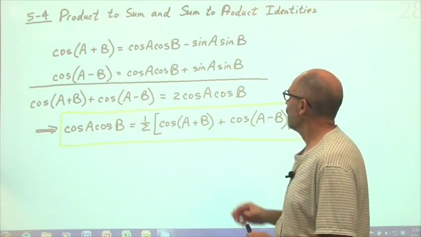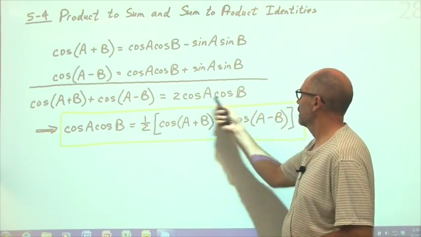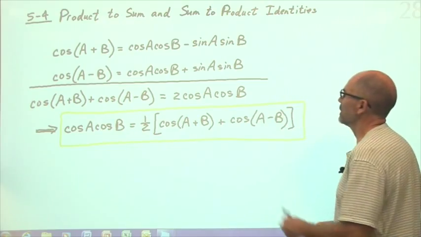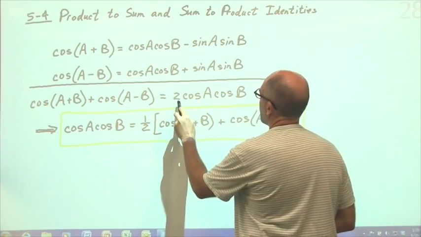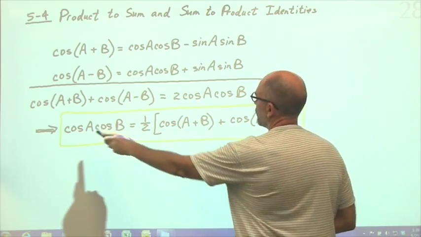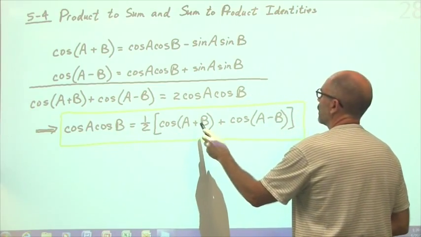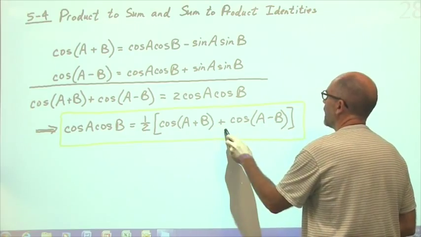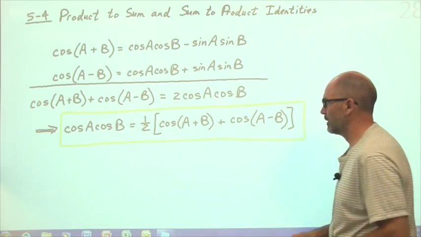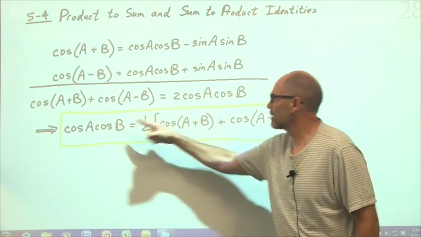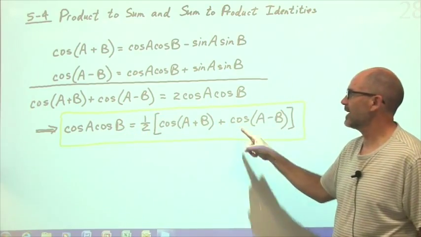So here I have a product, and here I have a sum. So what I'm going to do is just multiply both sides by 1/2 to get the product alone. So now cosine A cosine B equals 1/2 of cosine of the sum plus cosine of the difference. So there's my first product to sum identity.